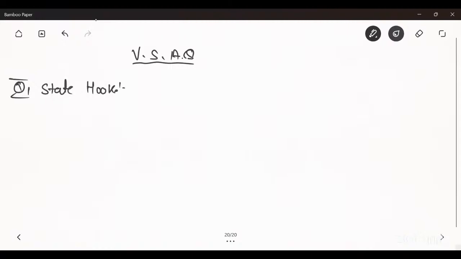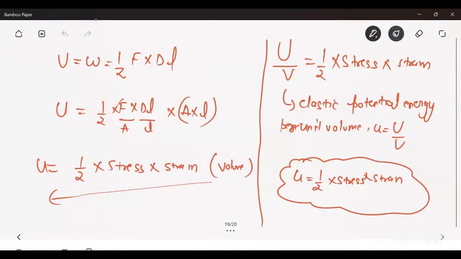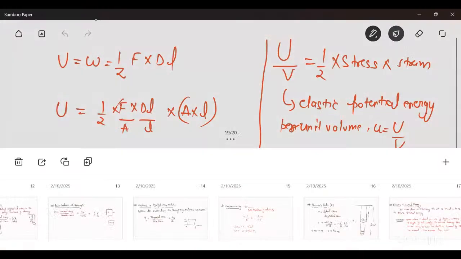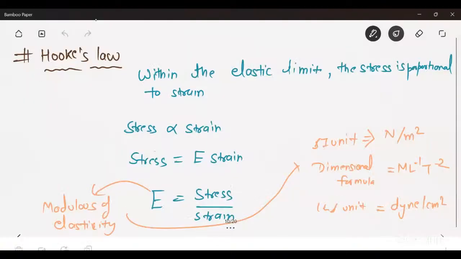The first question is: state Hooke's law of elasticity. We have discussed this in the previous slide. Within the elastic limit, the stress is proportional to strain.